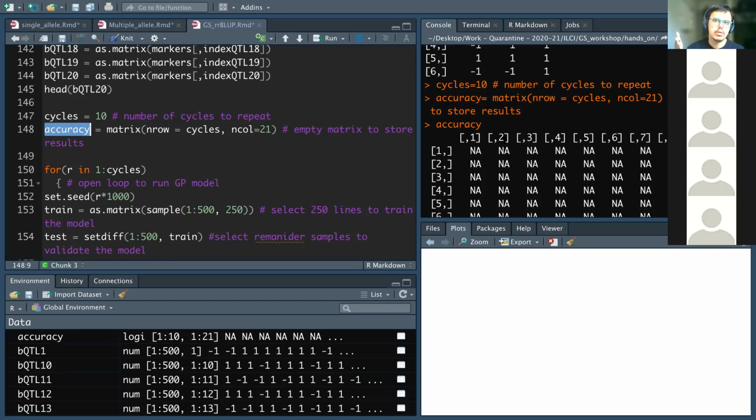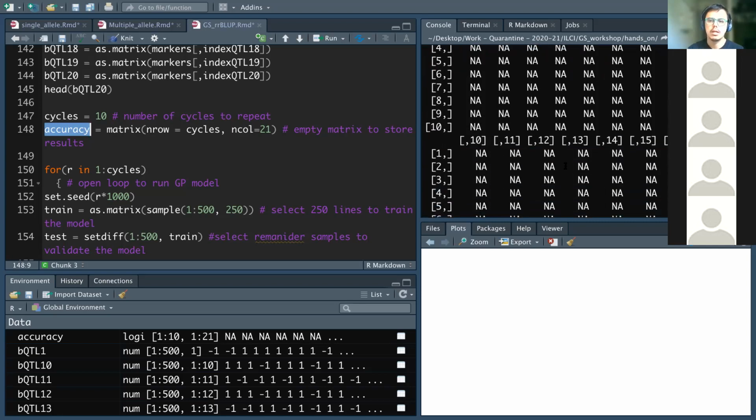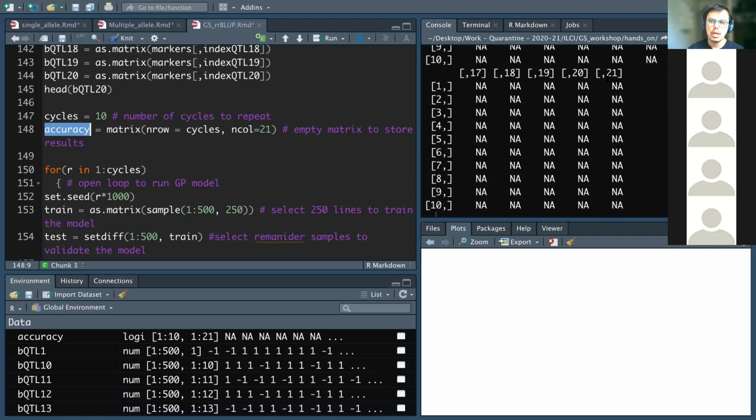The second column is gonna have my prediction when I use just the QTL with the highest effect as fixed effect, and the remainder markers as random effects, and so on until the last column is gonna store the prediction when I use the 20 QTLs as fixed effects in the population.